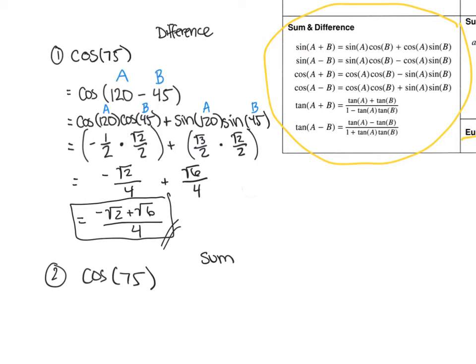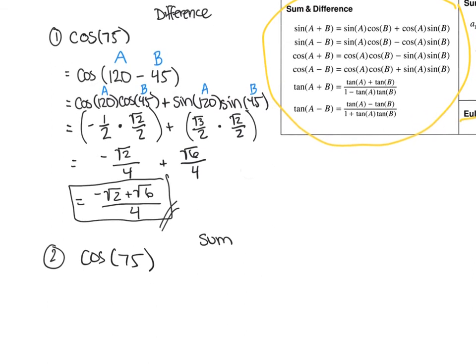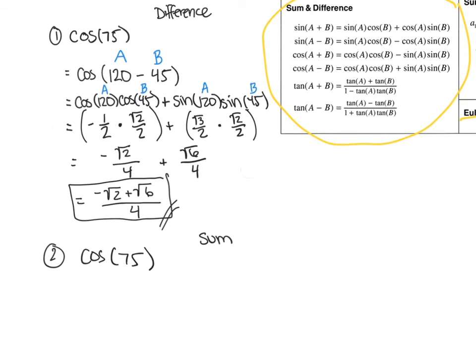There may be different variations of this depending on how large or small the angle is, but with 75 degrees, there's one really clear choice, and that's going to be cosine of 30 degrees plus 45 degrees.